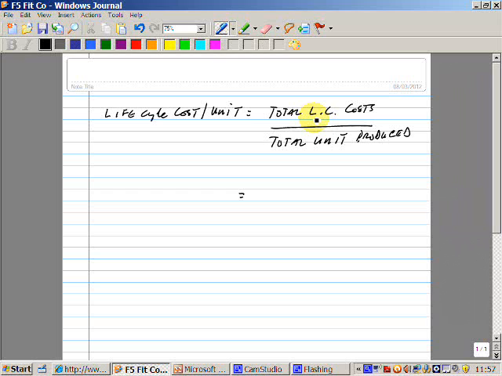So all the costs over its entire life divided by the number of units. So here, we know what the denominator is, because we can see from the question that 300,000 units were manufactured and sold over the life of the product.